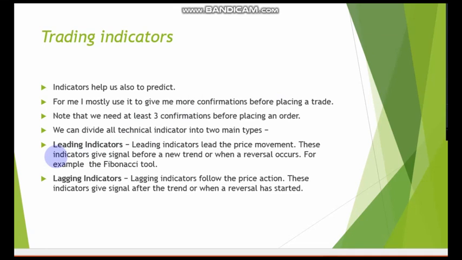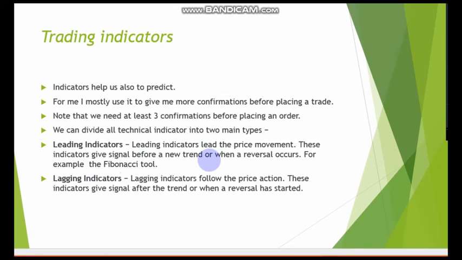We have different types of indicators: leading indicators and lagging indicators. Leading indicators give you a signal before a trend. That means if it's a buy, they give you the signal before the buy occurs. Lagging indicators do the reverse.